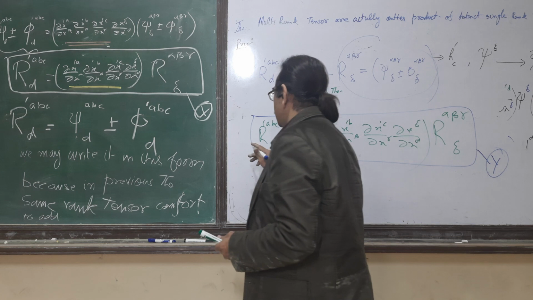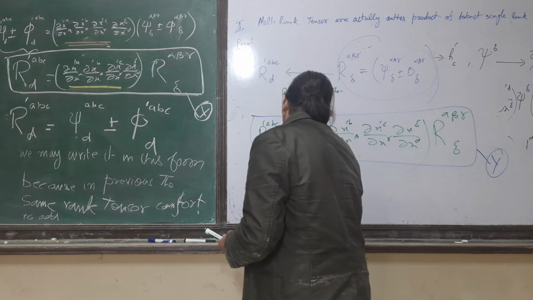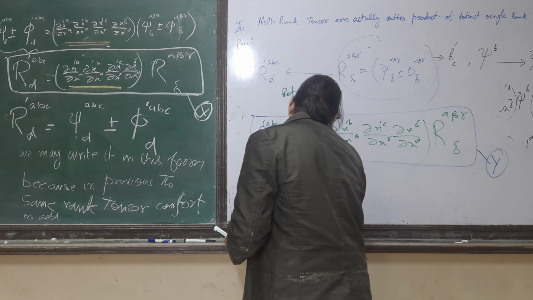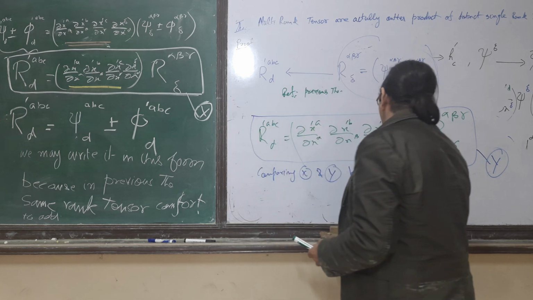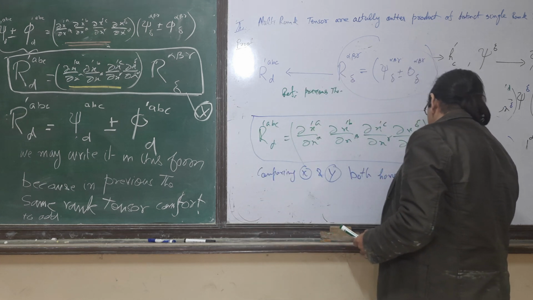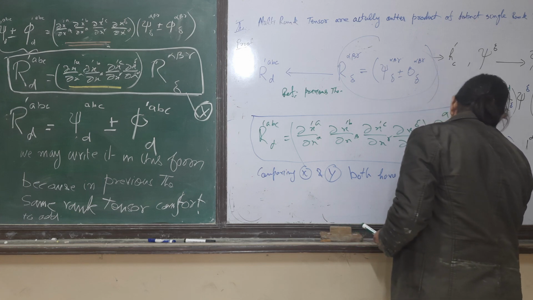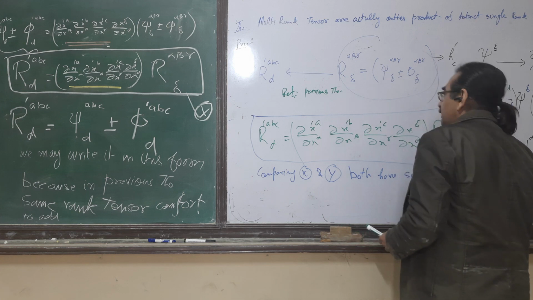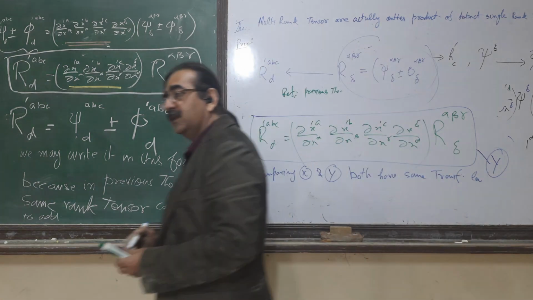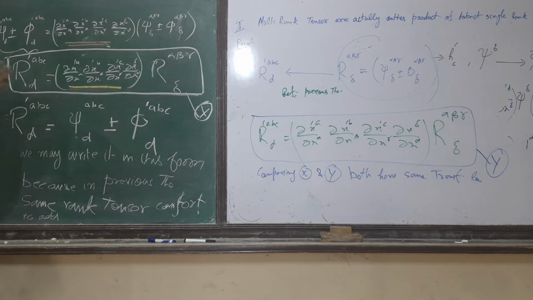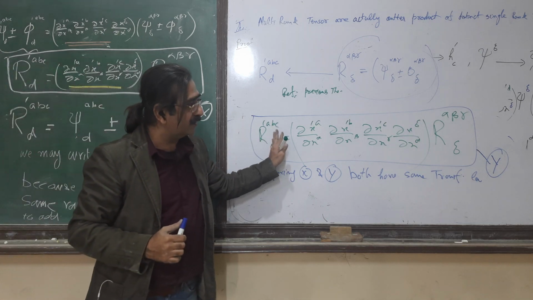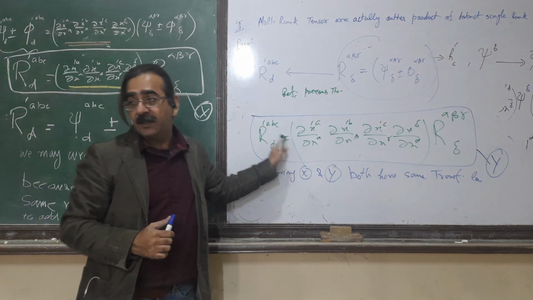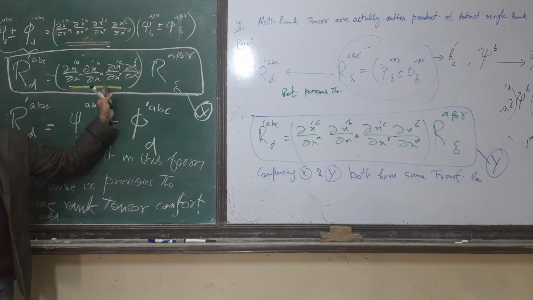Okay. Now comparing the x and y. नहीं सेम तो नहीं है. Comparing x and y, both have same transformation. They are same too, because if you put the value, they will be the same. So the transformation law defined for this and the transformation law defined for this, they are the same.